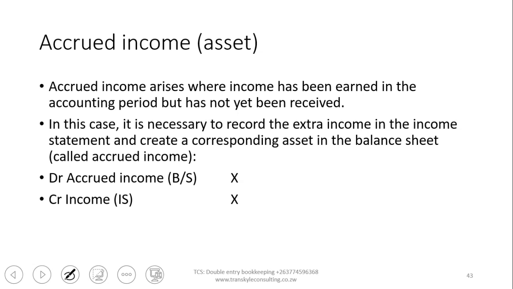We are saying that this is in some form of a receivable. It is a receivable because you have earned this, but they have not paid you. So in your books, it's almost like a receivable. It's an asset. So you debit the receivable, you debit the accrued income, and credit the income, the normal PO's acronym way.